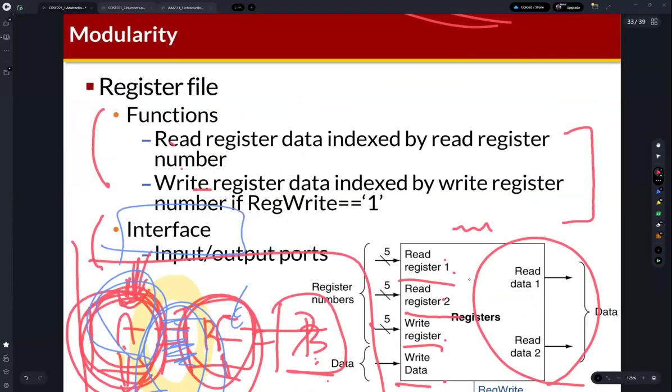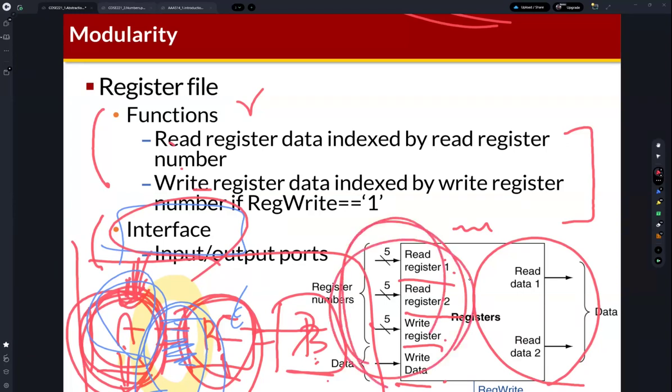Modular design means that we can understand a certain module by its function and interface. The interface is the port, and through these input and output ports, signals are connected to other modules.